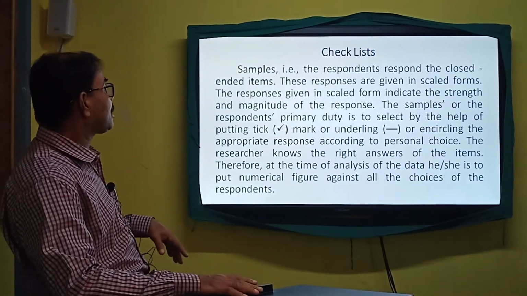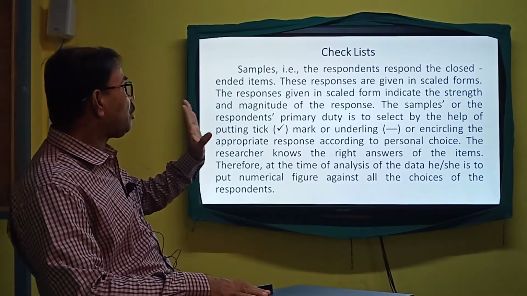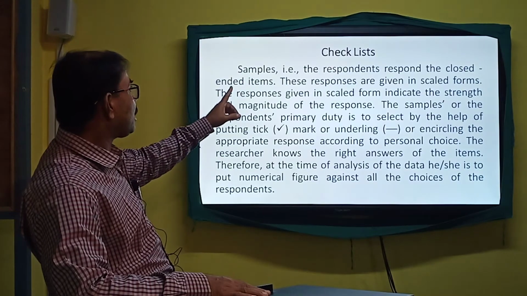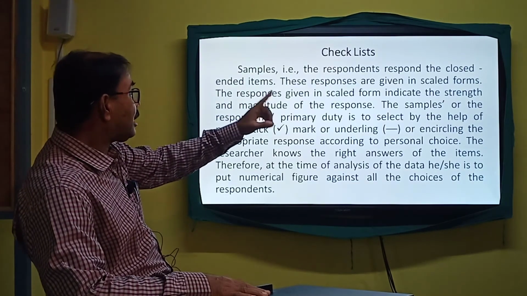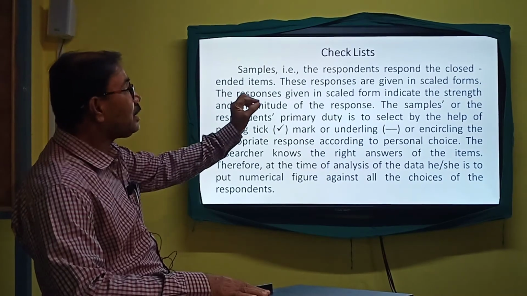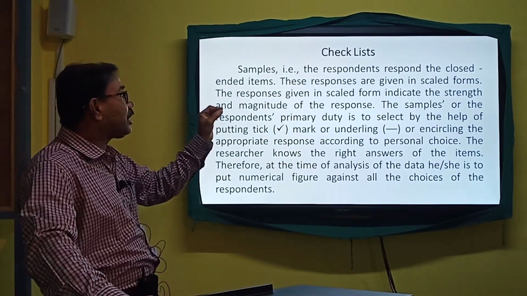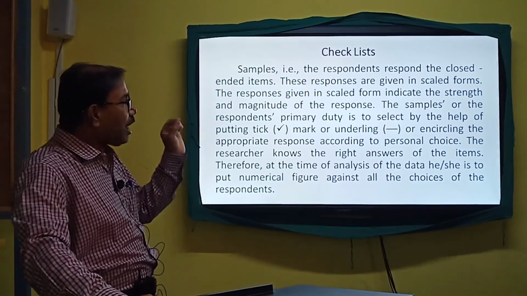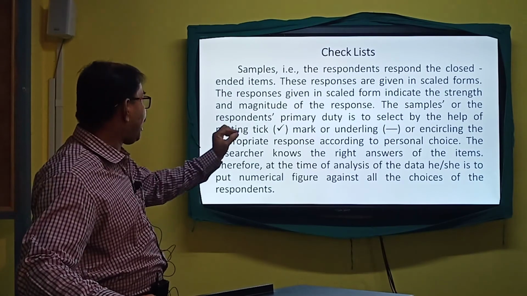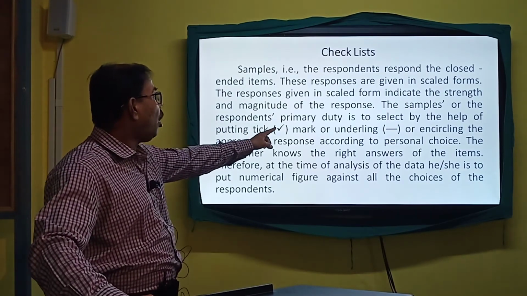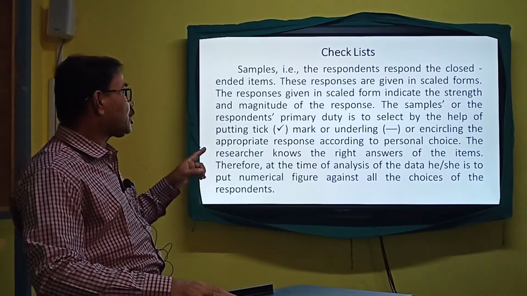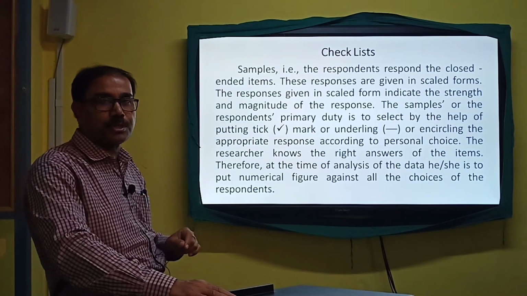Let us go to the next slide. Samples, that is the respondents, respond to close-ended items. These responses are given in scaled forms. The responses given in scaled form indicate the strength and magnitude of the response. The respondent's primary duty is to select, by putting a tick mark, underlining, or circling, the appropriate response according to personal choice.